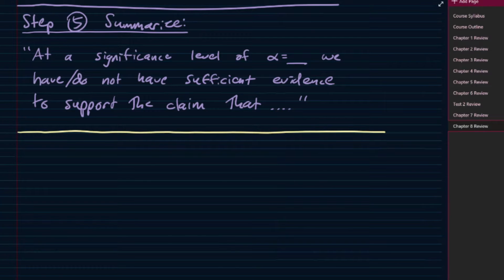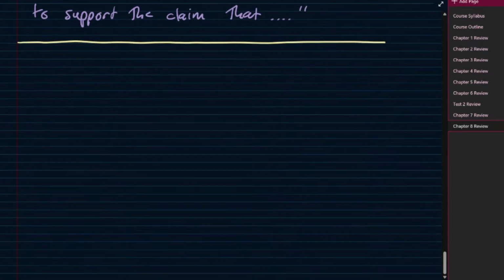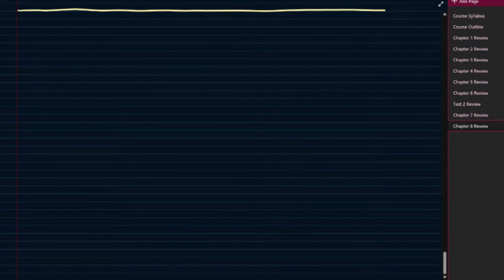This section was just the overview and how you should approach every question in those sections. So I hope that's a good overview of hypothesis tests in general. Let's go to section 8.2, which is on the z-test for the mean.